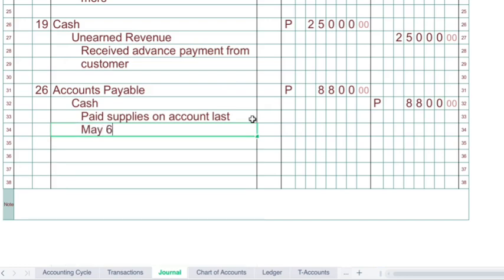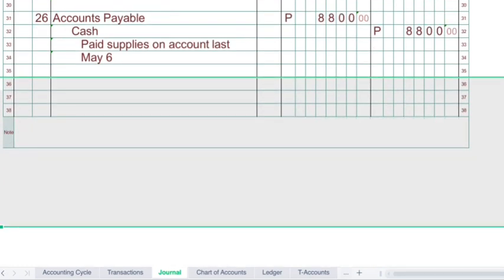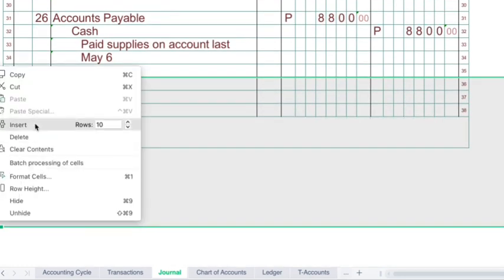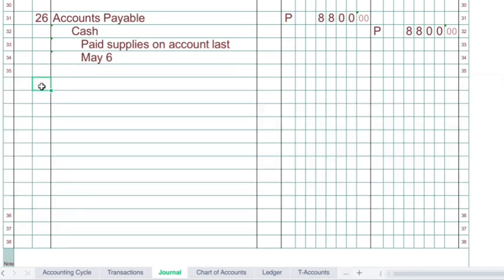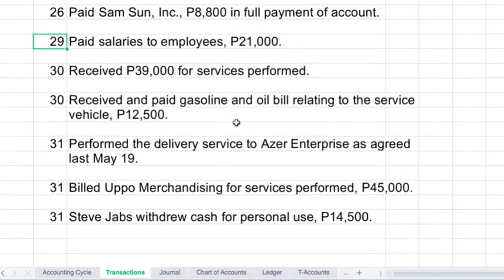Okay, so that would be our description. So we paid supplies on account last May 6. And then, okay, mag-add tayo dito ng sales. Alright, so let's have May 29.